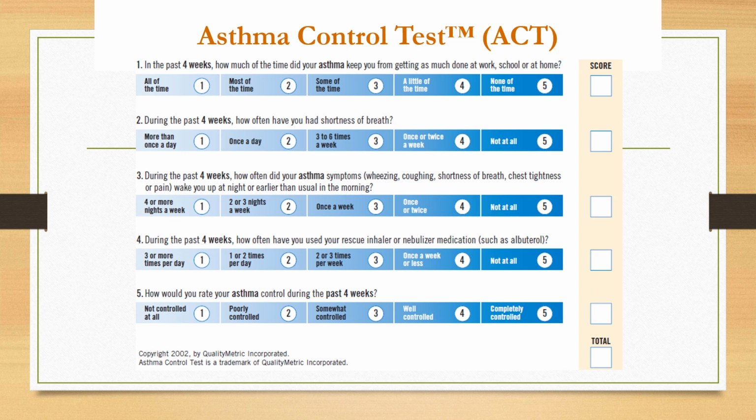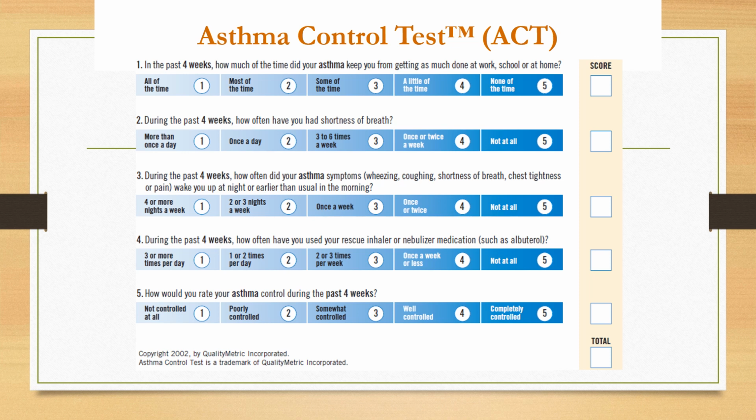And then you would do the third question. During the past 4 weeks, how often did your asthma symptoms, wheezing, coughing, shortness of breath, chest tightness, or pain wake you up at night? In other words, did you have nighttime awakenings, or were you waking up earlier in the morning than you're supposed to? If you said 2 to 3 nights a week, again, your answer is number 2. The best answer is number 5.